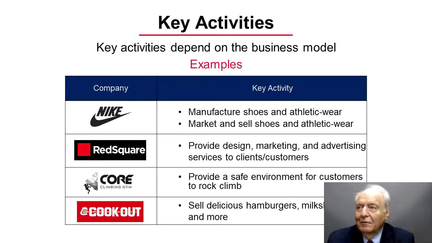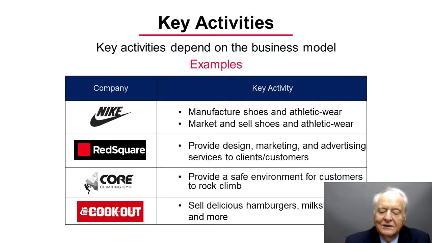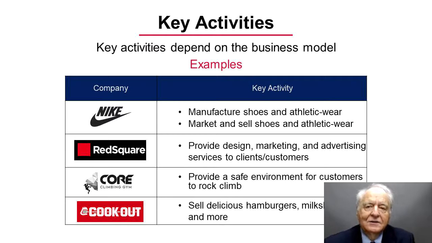Cookout, I think you're familiar with the one right around the corner here. And their goal is to provide delicious hamburgers, milkshakes, and French fries to people. And their key activity is to identify sources of supply where they can get high quality meat and produce at fair prices, and then to train their staff to prepare and deliver and serve these excellent hamburgers.